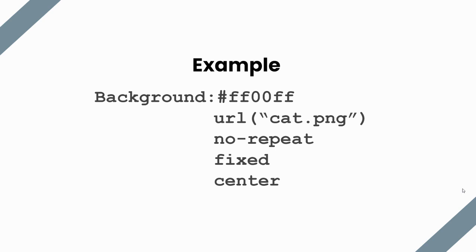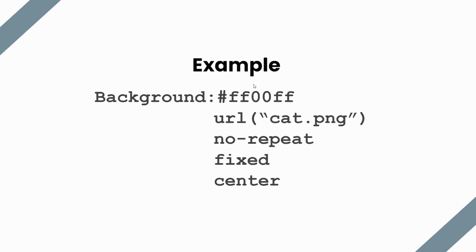Here we can see an example of the shorthand property, which actually starts with the color, as you can see. The color we have here is a hexadecimal value color, which is hashtag FF00FF.